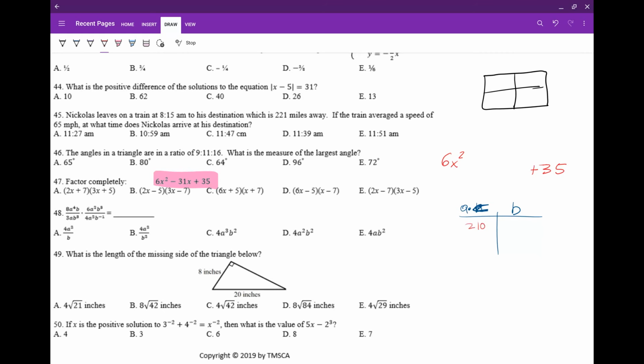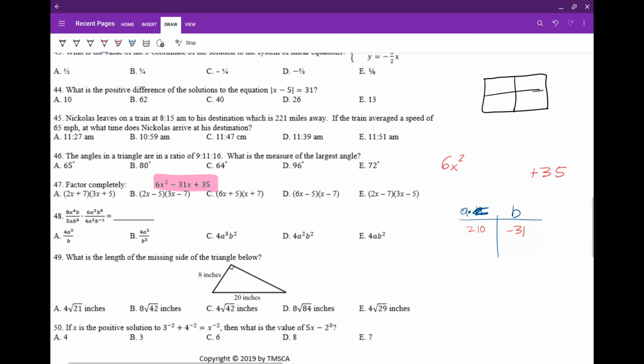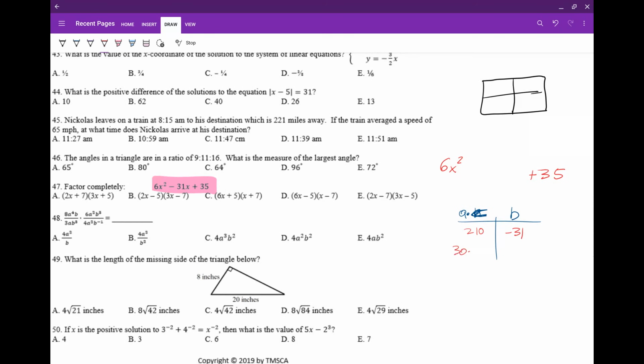Factors of 210 that add up to negative 31. So what would those be? Well, 210, that looks like a 30 times 7. But then when you add that up, it's not what we were looking for, right? So what's 30? 30 is 6 times 5.